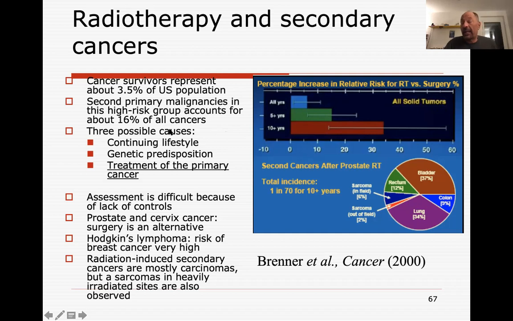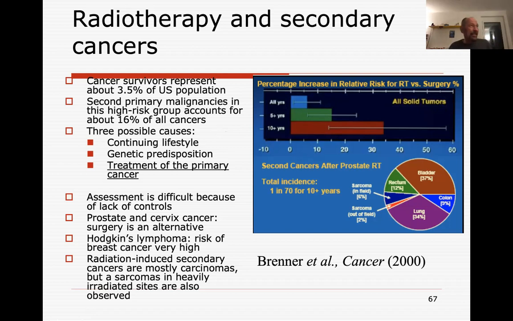Cancer survivors now are increasing. We have seen it. They are increasing because the cure gets better and better. So in the US population, 3.5% of the US population is cancer survivors, a lot of people. Now, the second primary malignancies in a high-risk group account for 16% of all cancers.